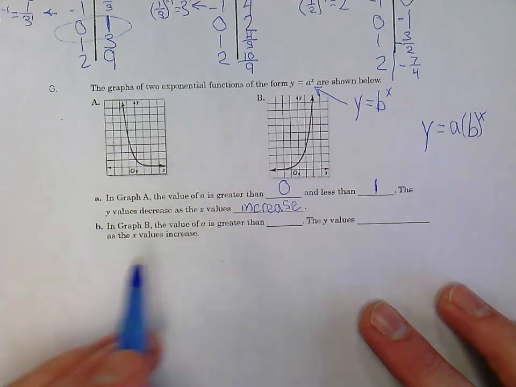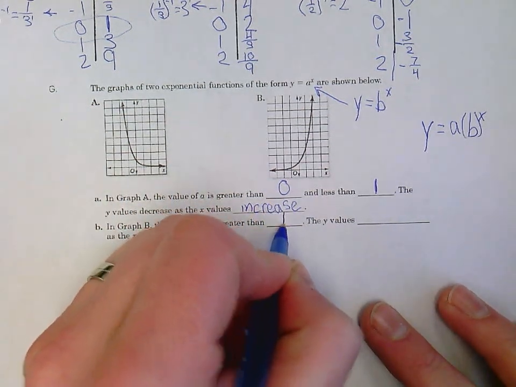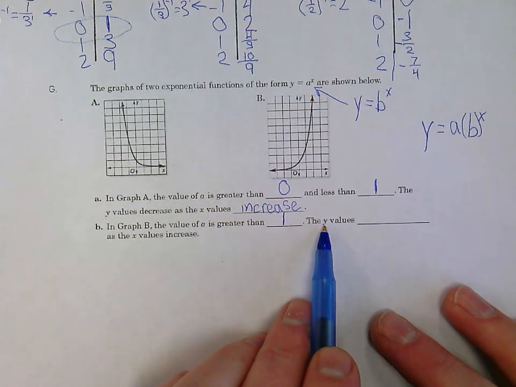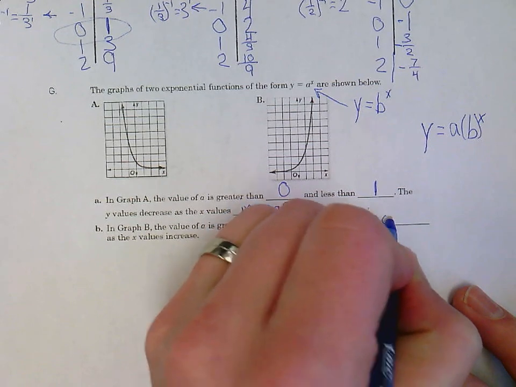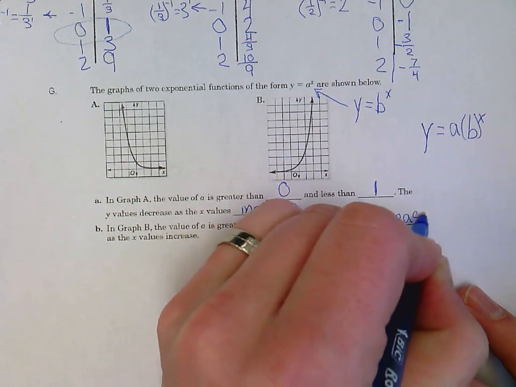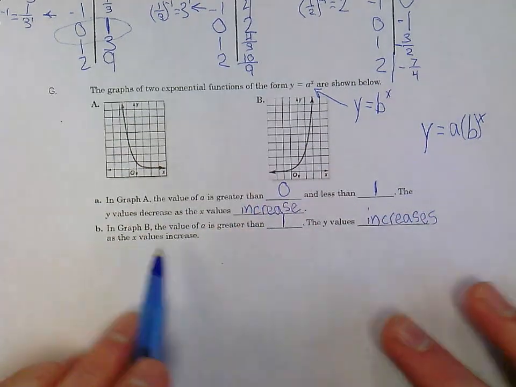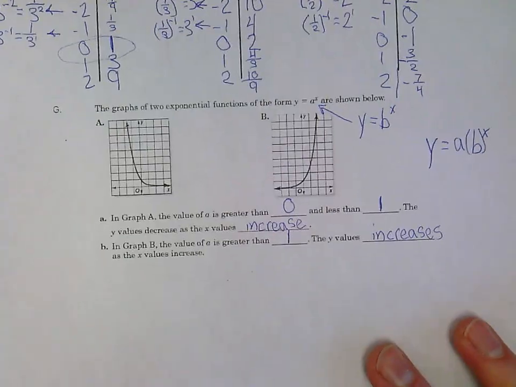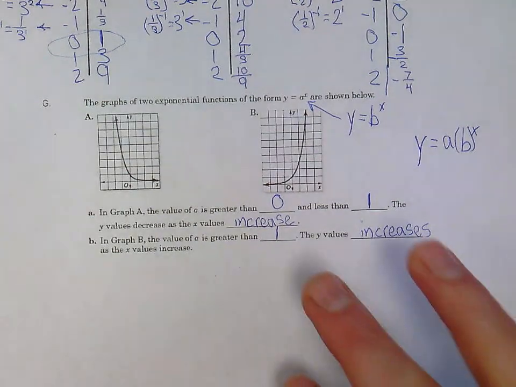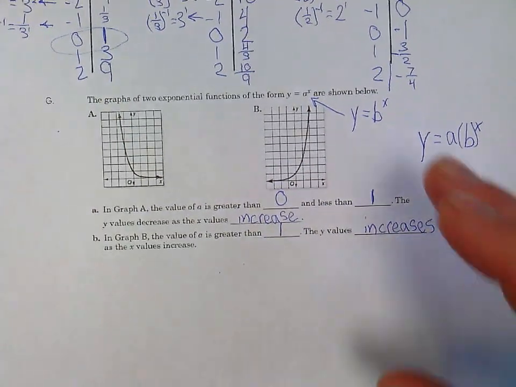In graph B, the value of a is greater than 1, and so the y value increases as x value increases.